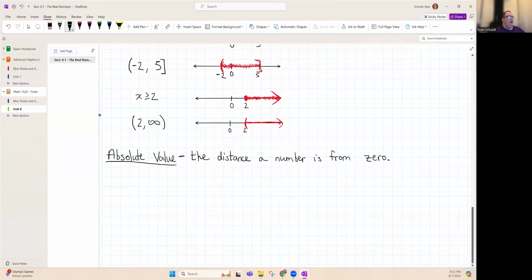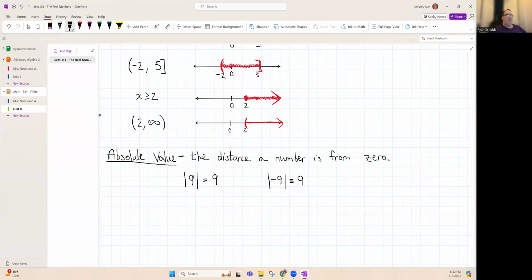If you had positive 9, you took the absolute value of positive 9. How far is positive 9 from 0? It's 9 away from 0. You get the same answer if you did negative 9. Because remember, absolute value is just the distance a number is from 0. It's not saying whether it's above 0 or below 0. How far is it? Well, negative 9 is still 9 away from 0.